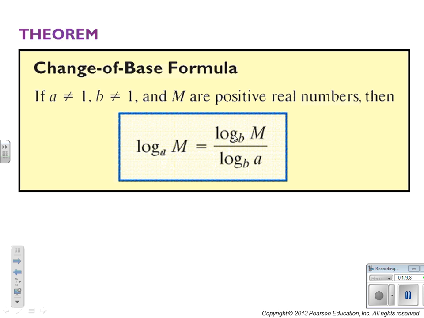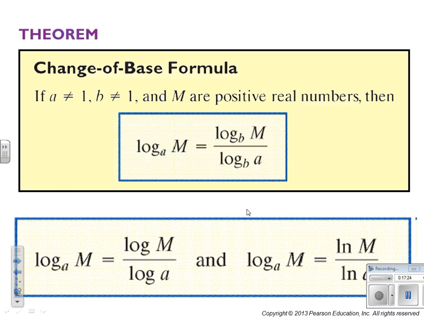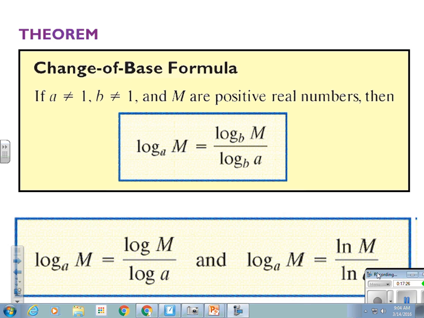So you can change it to whatever base you want, whether that's natural log or base 10 would be the reason we do it, but technically you can change it to any base you want. To change the base, you go log of the big over log of the little. And in order to get an approximate value out of your calculator, we'll usually go log or natural log.